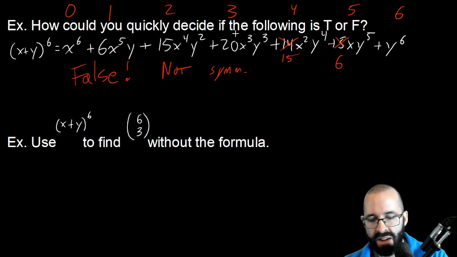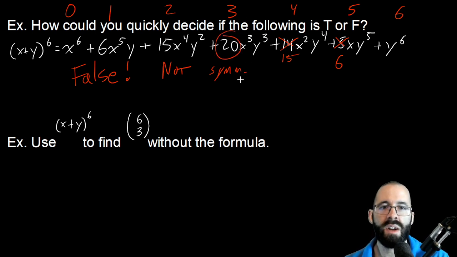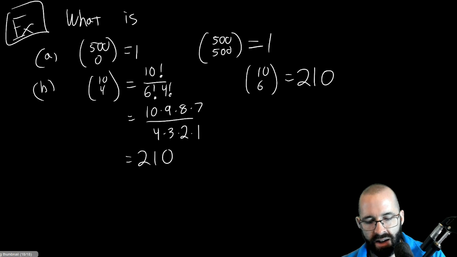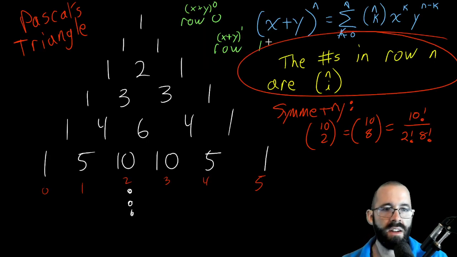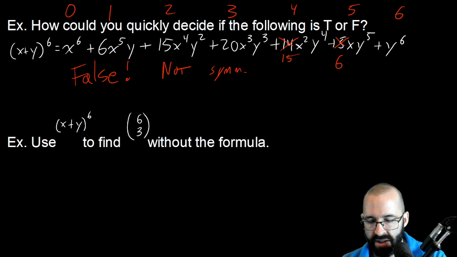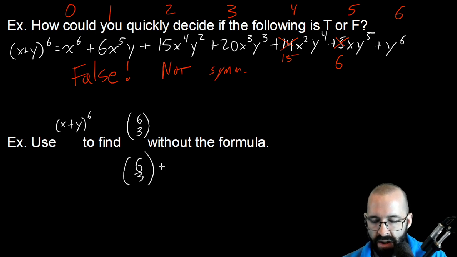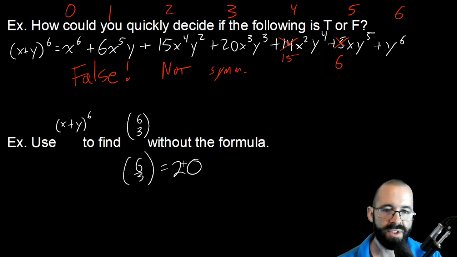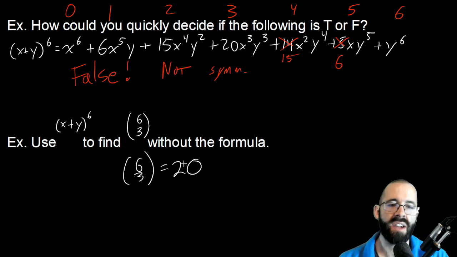So 6 choose 3 must be 20, because the numbers in row n are n choose k. So the answer is 6 choose 3 equals 20. So it's just another way that these concepts tie together.